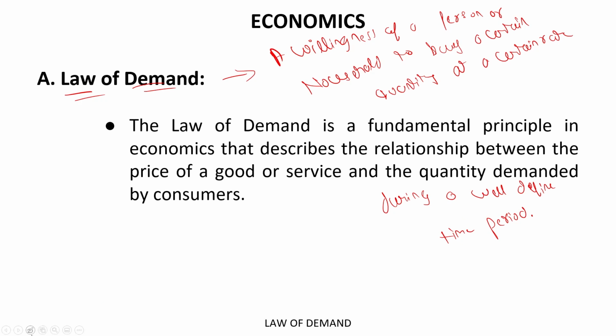So we can say, if there is a person who wants to buy 10 chocolates and is willing to offer rupees 5 each, then he is willing to spend a total of rupees 50.